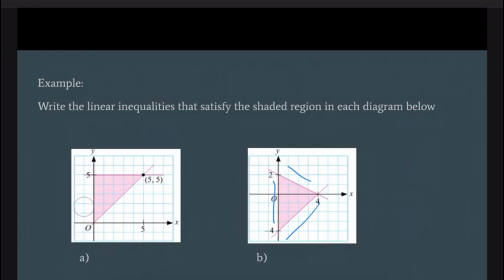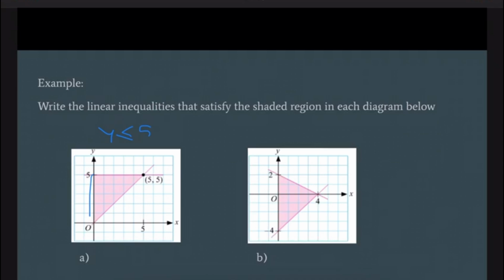Let's do it one by one. First, for this line, the answer will be y is less than or equal to 5.